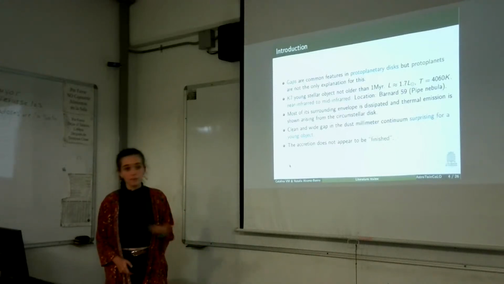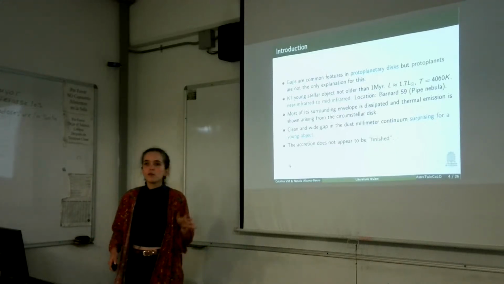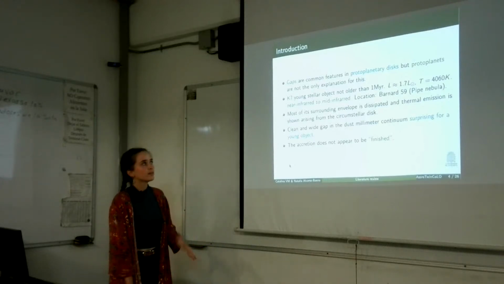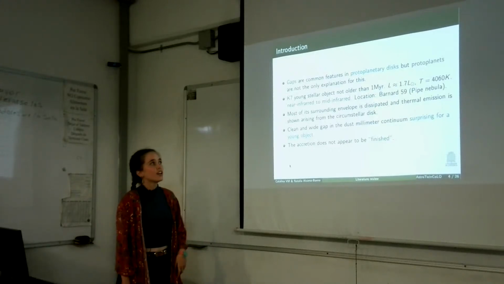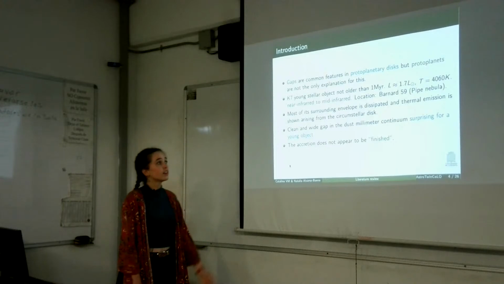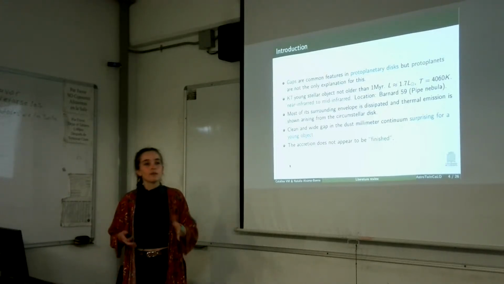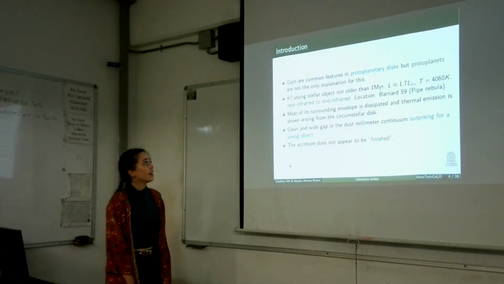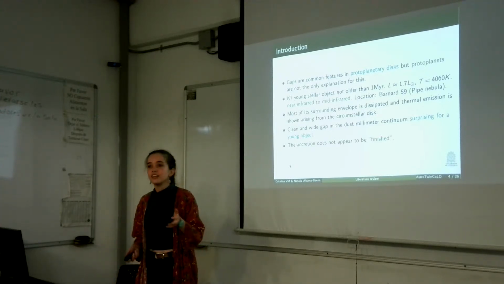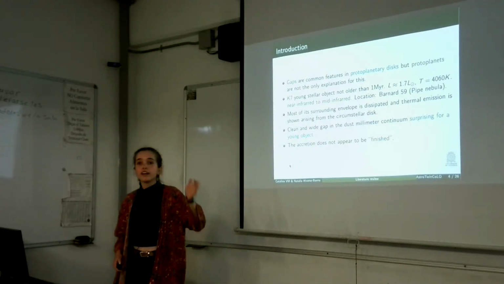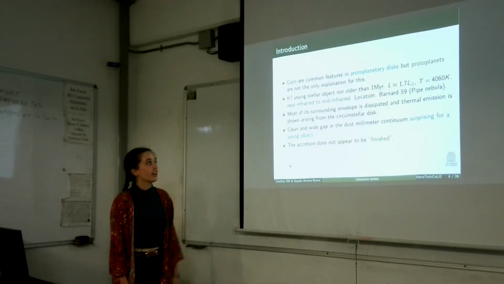in the Pipe Nebula. It's about 1 mega year old, and it has a luminosity of 1.7 solar luminosities, and it has a temperature of about 4060 Kelvin, and the data was taken from near infrared and mid infrared.